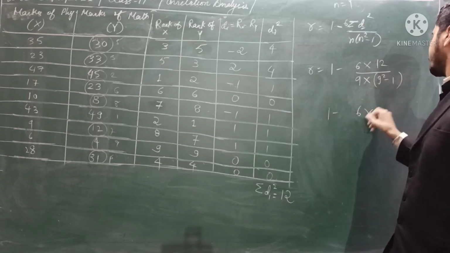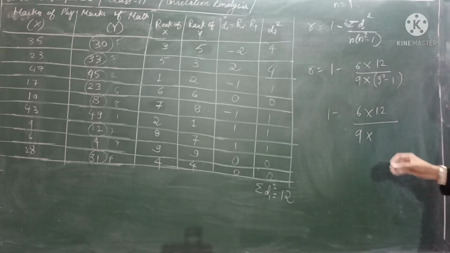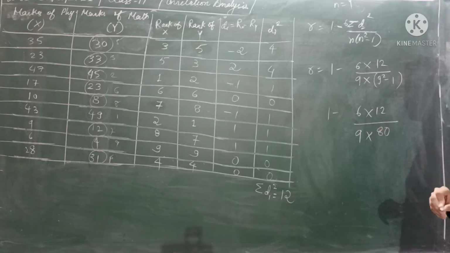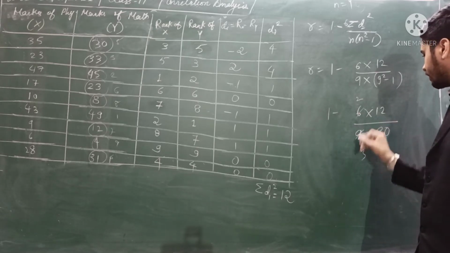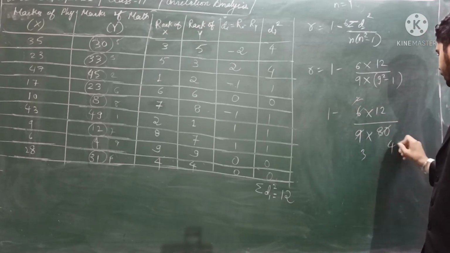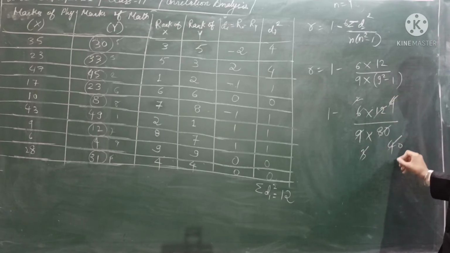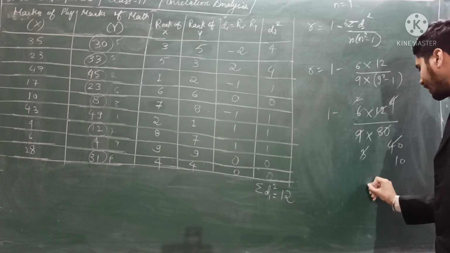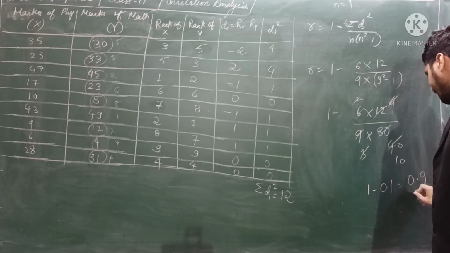So this is 6 into 12 upon 9 into 81 minus 1, which gives you 80. Try to cancel them. This is cancelled with here. This is cancelled with 40. 3 is cancelled with 4. 4 is cancelled here with 10. So 1 minus 0.1, which is 0.9.